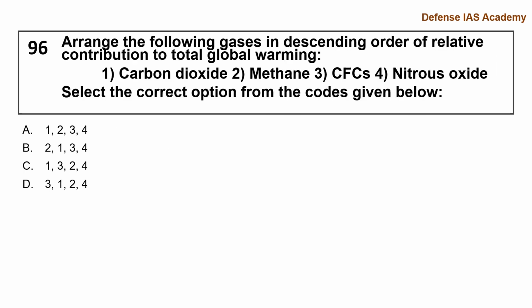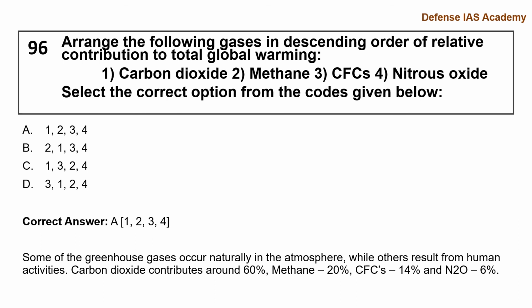Question 96. Arrange the following gases in descending order of relative contribution to total global warming. 1. Carbon dioxide, 2. Methane, 3. CFCs, 4. Nitrous oxide. Select the correct option from the codes given below. The correct answer is option A, 1, 2, 3 and 4. So the descending order of the contribution in total global warming comes as carbon dioxide first, methane second, CFCs third and nitrous oxides in the fourth.